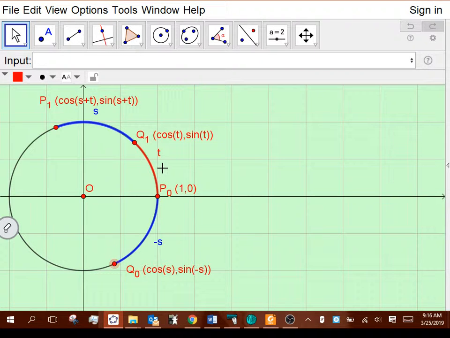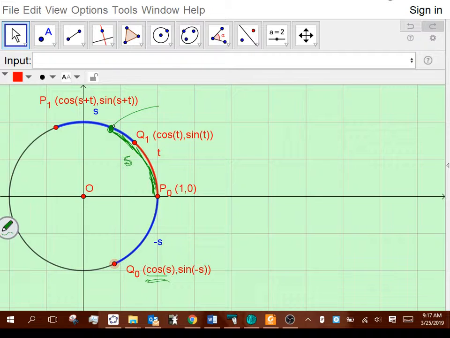Okay, so what that would look like then, let's do it in green here. So that green arc would just be S, right? Does that make sense? Using that reflective idea, this point here, that x coordinate is the same thing as whatever the cosine is of that point.